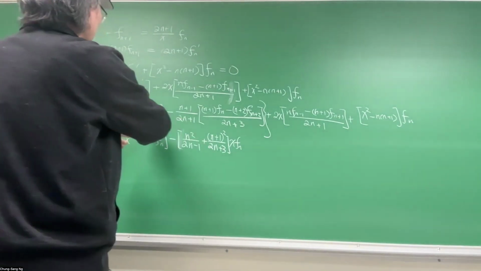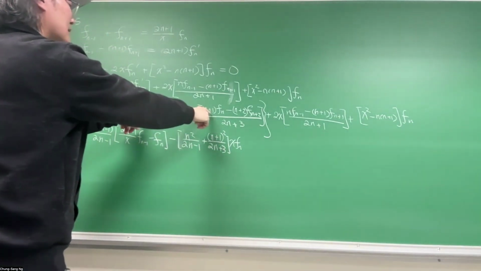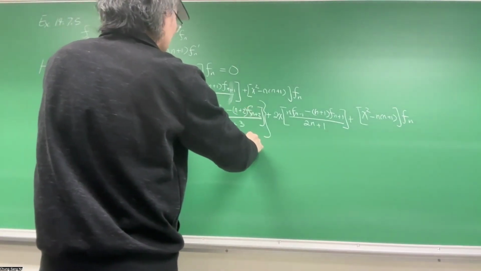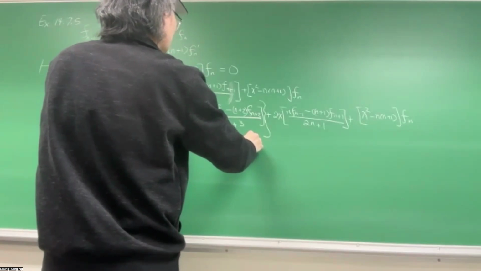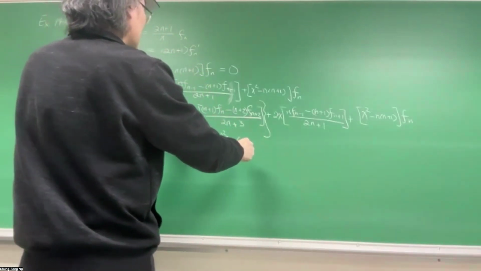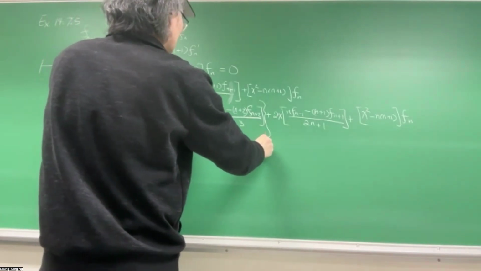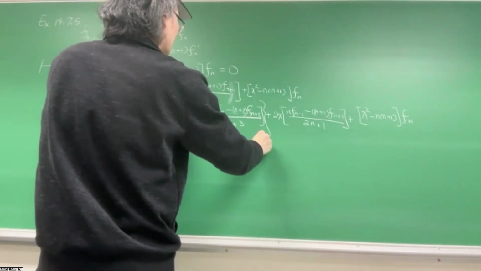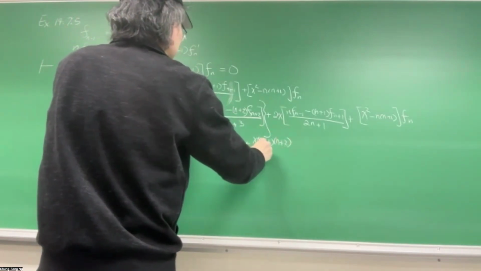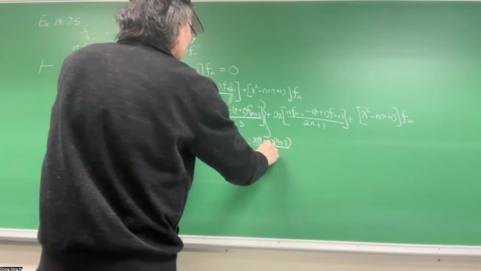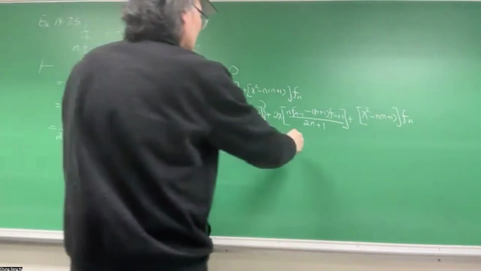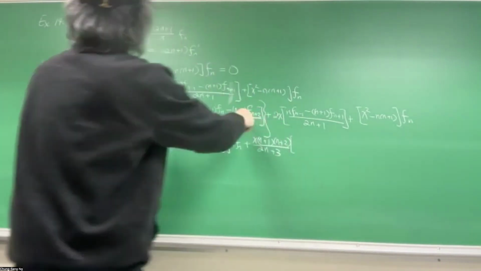So let's take care of these two terms. Finally, is this one. So minus plus. You want to take out 2n plus 1, so there's an x, and then n plus 1, n plus 2, n plus 3. Right. And then this is n plus 1.